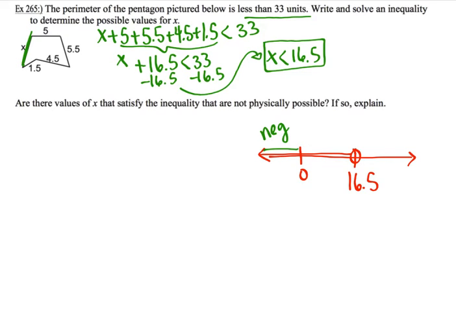We cannot have negative length on the side of a polygon. So negative values are not possible here. Even though they satisfy the inequality, they do not satisfy the situation. So they're kind of extraneous solutions.